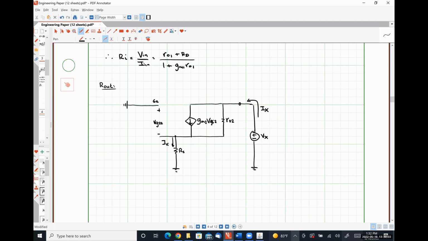If I apply a Kirchhoff's voltage law equation here, this is going to look exactly like it did when we were looking at emitter and source degeneration.